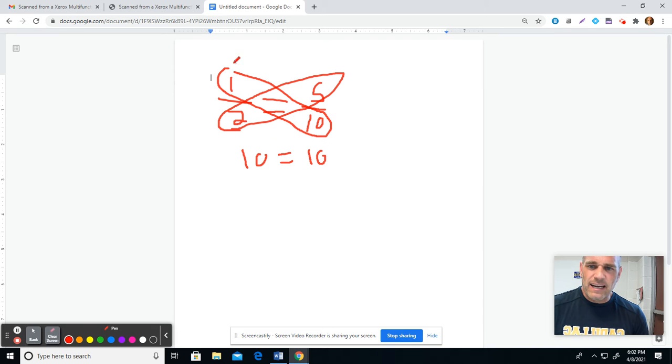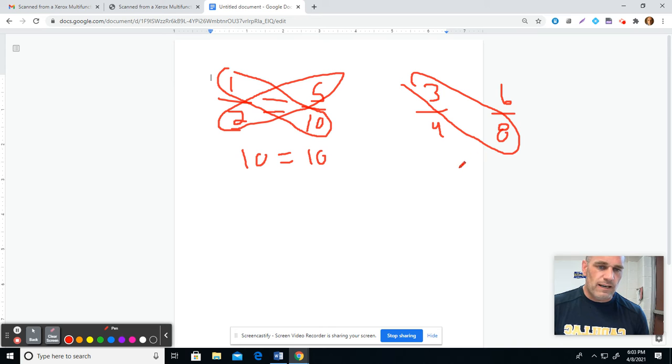So anytime I have two ratios that are equal to each other, if I cross multiply, they are equal. Like if I had 3/4, and let's say that is equal to 6/8. I multiply these both by 2, gives me this one over here. If they're equal to each other, I should be able to cross multiply. 3 times 8 is 24.